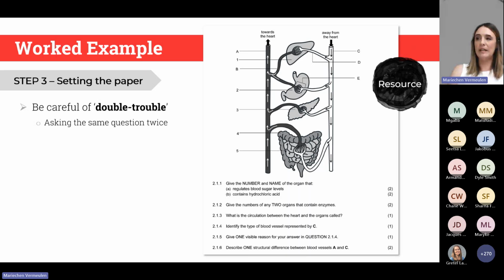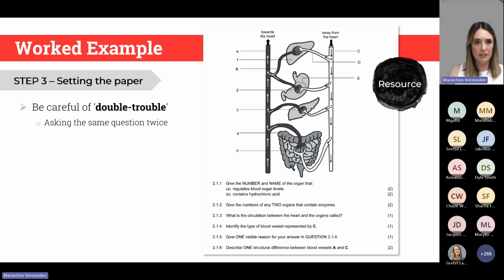So if, for example, in question 211, I asked them for basically the liver, the stomach and the pancreas to identify those two based on their functions, then I preferably shouldn't have questions in the rest of this that again refer to structure 2 and structure 3, where it relies on them recognizing it as that structure, if that makes sense. Because a learner who didn't recognize number 3 as the pancreas in the first question isn't going to suddenly recognize it as the pancreas in the last question.